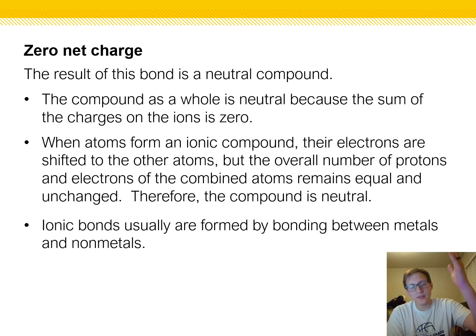Things in the first group or second group bond with things in the 6th and 7th group. The halogens like to bond with the alkali metals because each of them has 1 to give or 1 to gain, and that keeps us at 0 net charge.